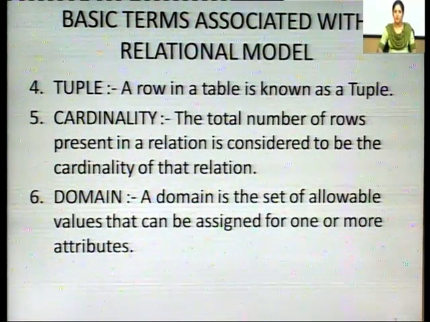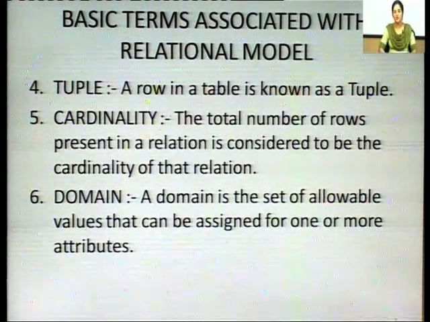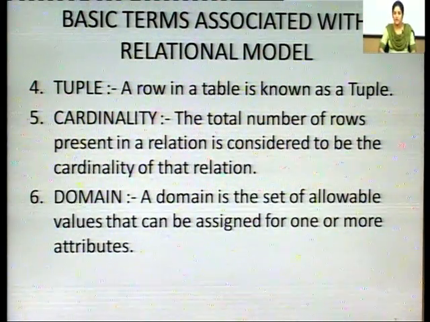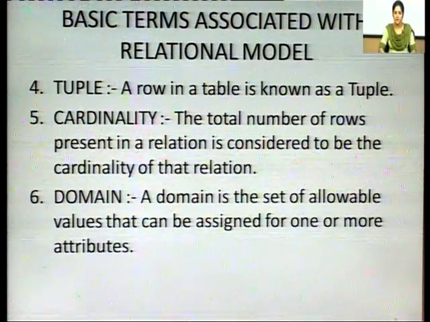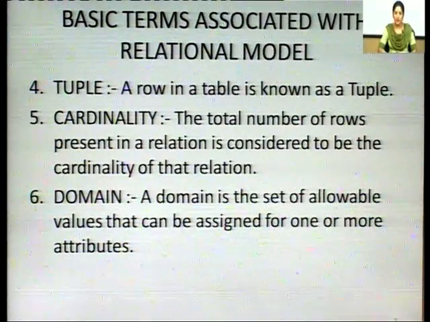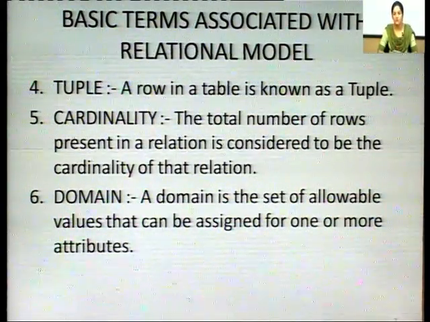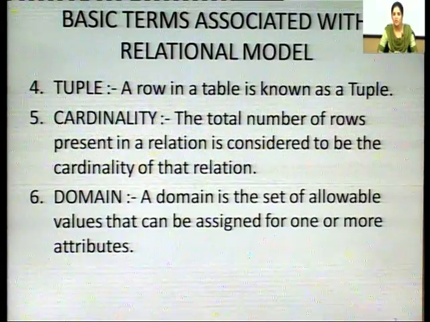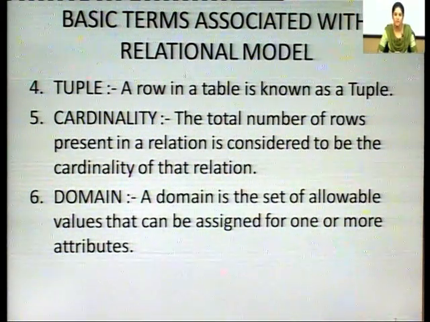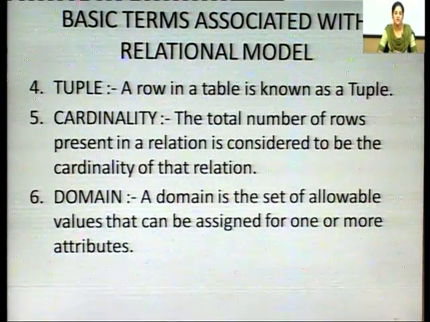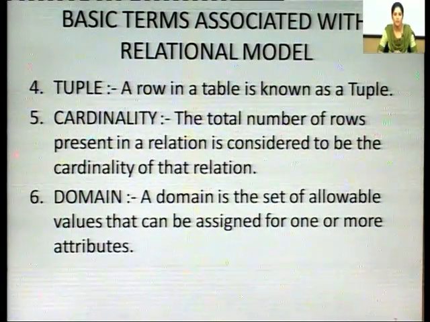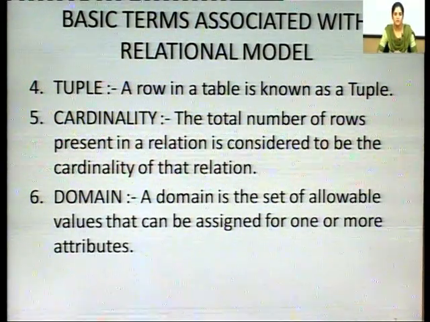Next term is domain. A domain in the relational data model is the set of allowable values that can be assigned for one or more attributes. Now, what is domain basically? For example, if you are talking about how much age can be entered in a particular column. If we have an age column in our relation, we need to define the values which can be stored in that column.